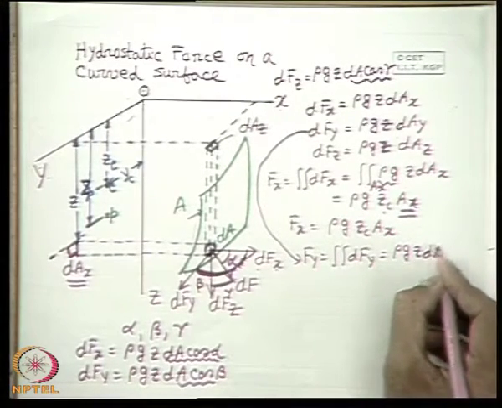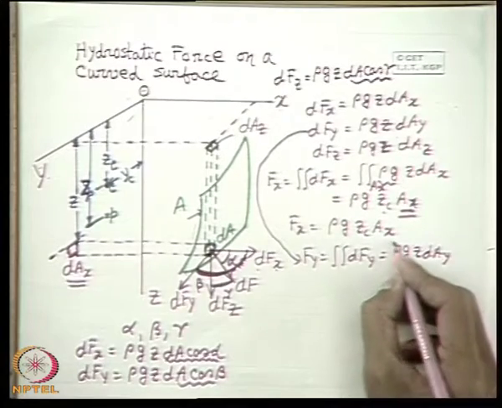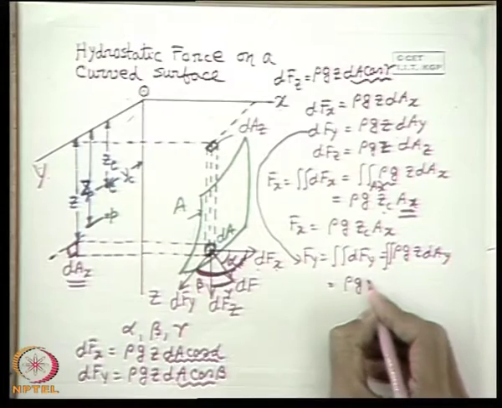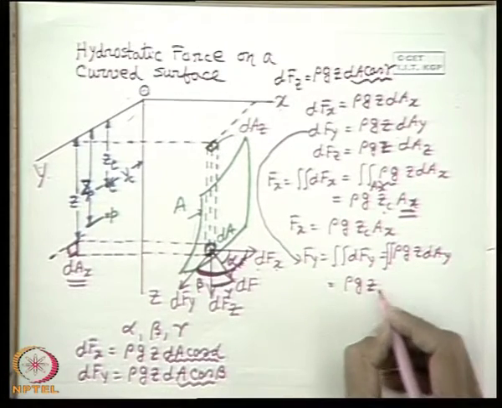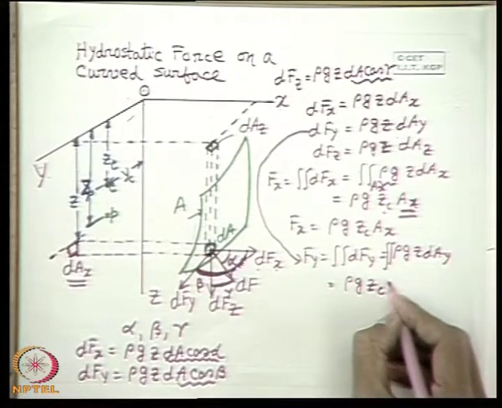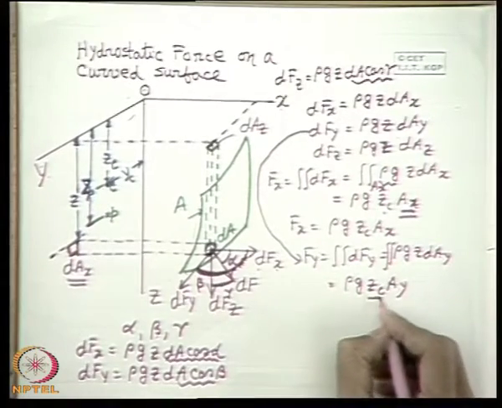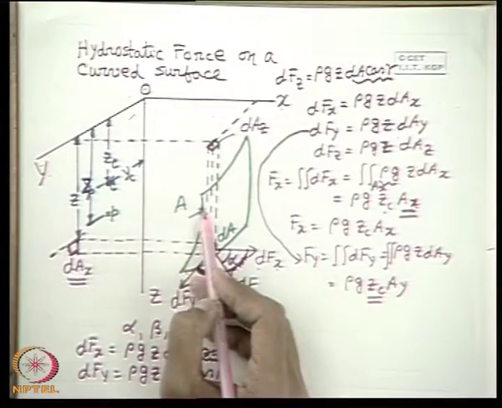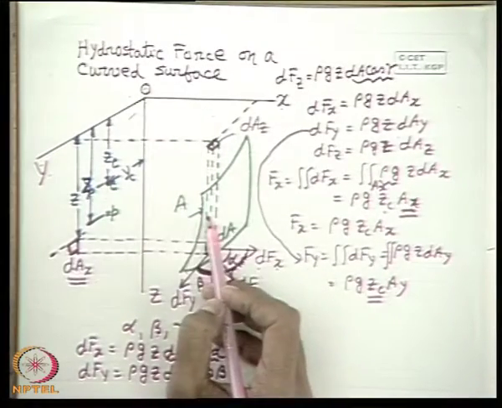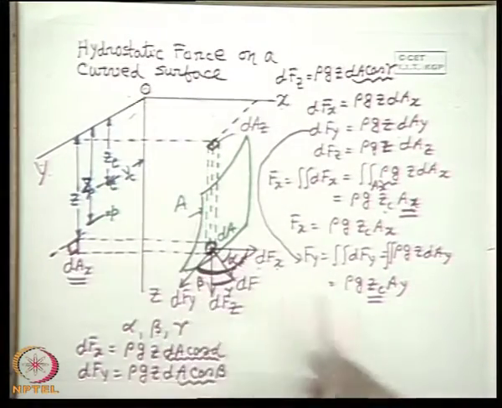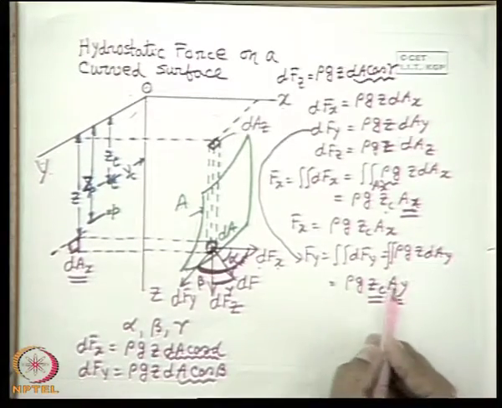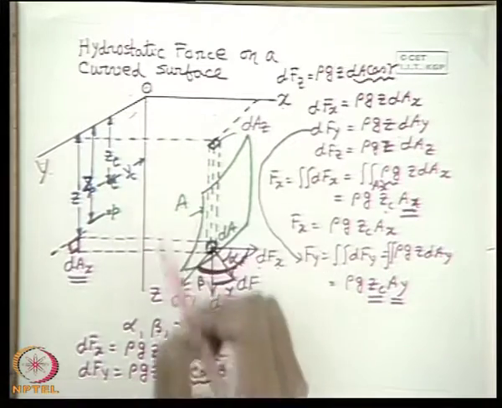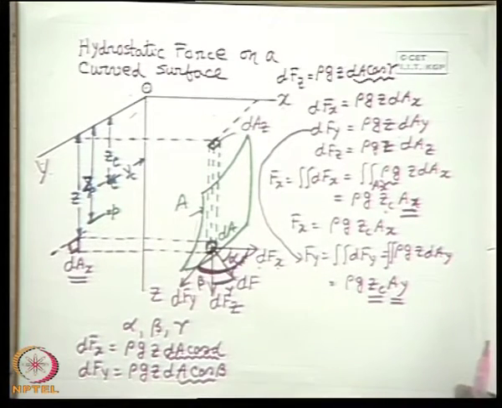In a similar fashion, I can write Fy by integrating dFy as rho g z dAy, double integration, which becomes equal to rho g zc into Ay, where zc is again the vertical coordinate of the center of area projected on the xz plane, and Ay is the projected area of the entire curved surface on the xz plane, that is the plane perpendicular to y.